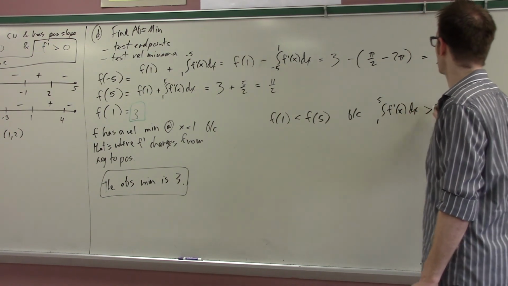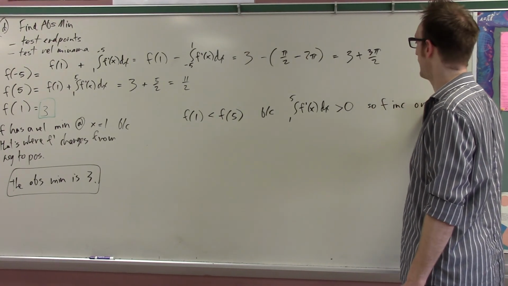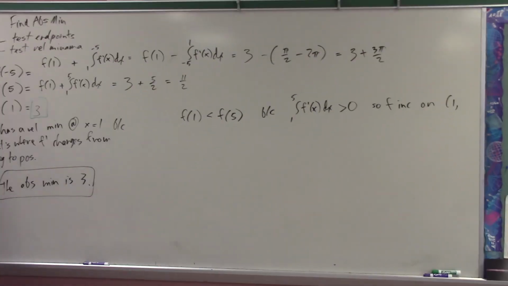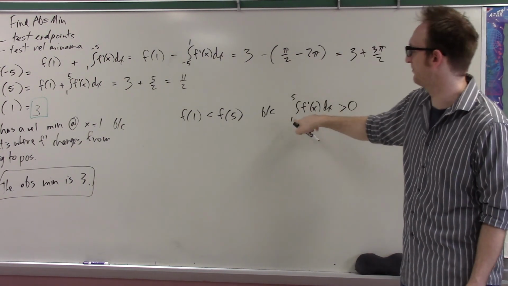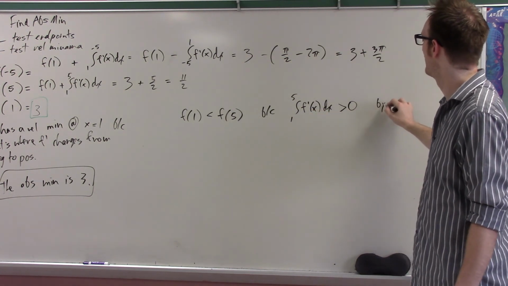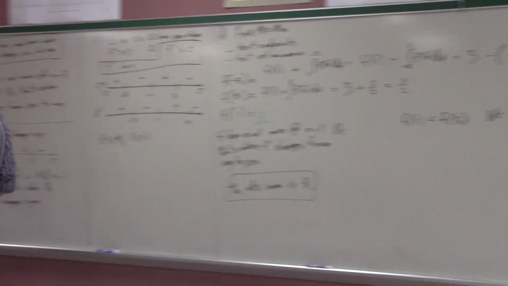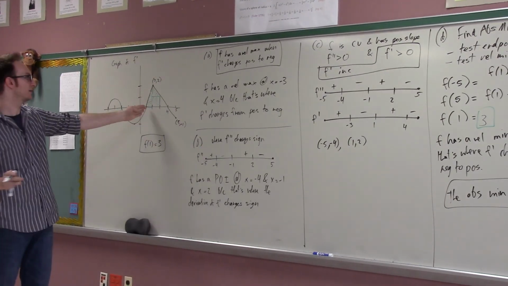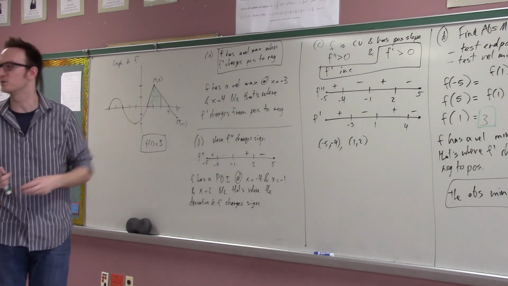You can say by inspection it's positive, so f increases on the interval 1 to 5, or the net change is an increase. So you could probably just write that, right? The integral from 1 to 5 represents the change in f between 1 and 5, and because that's positive, and just like Eli said, by inspection, I'm pretty sure you're allowed to just look at it and say, by obviousness, the integral from 1 to 5 here is positive, and therefore the overall change is positive, instead of actually doing it.